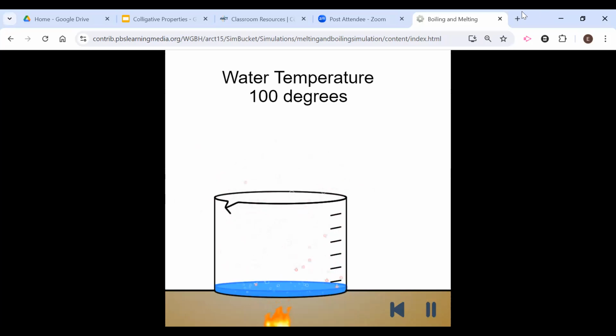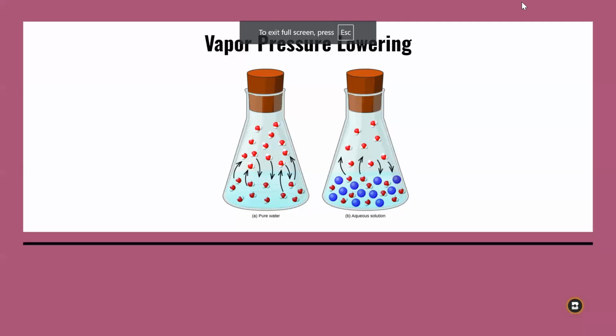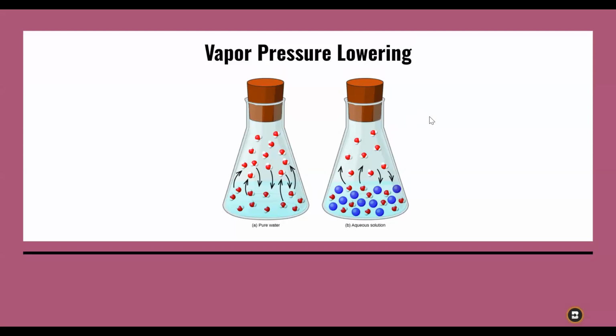Okay, that's phase change. We talked about the four colligative properties, vapor pressure lowering. What does that mean? When heat is applied to this water, there's evaporation. This is pure water. There's water vapor up here. Now, when we add solute or salt, what happens? This salt will be hindering the evaporation of the water vapor.